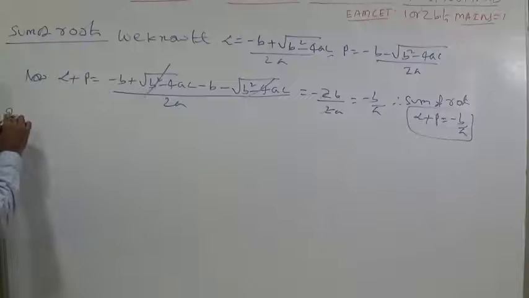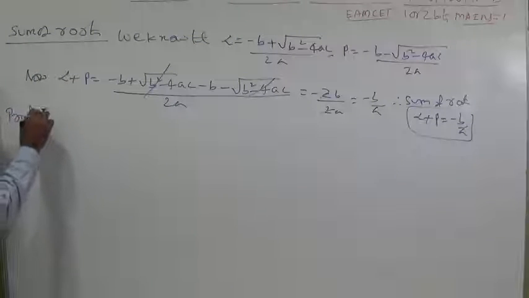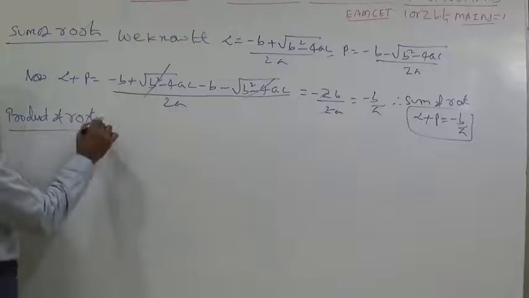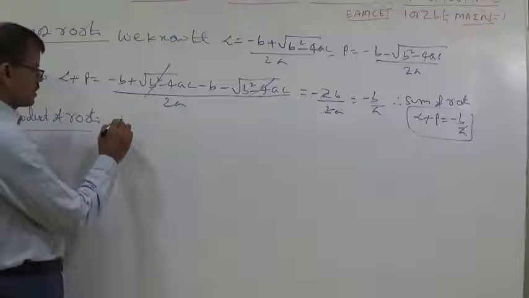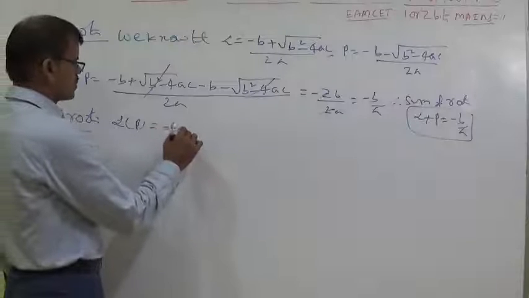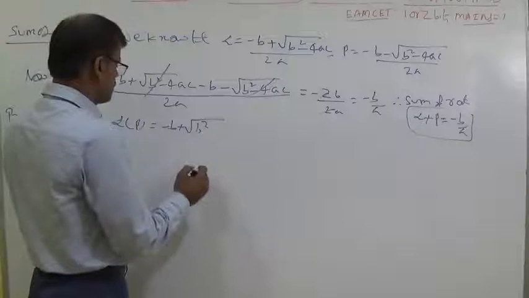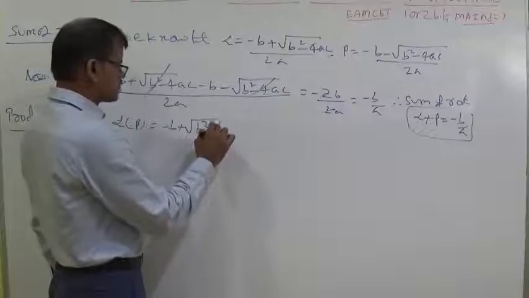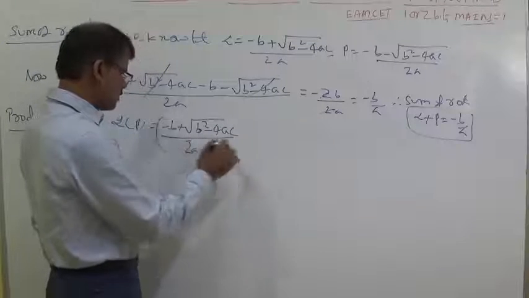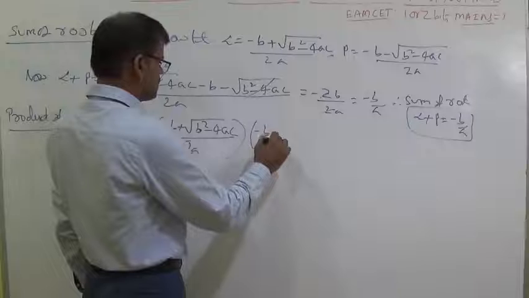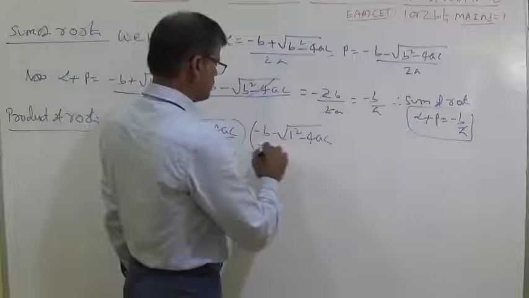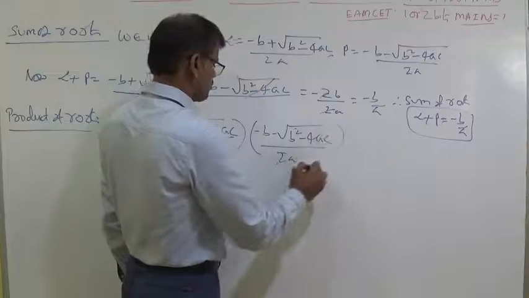Let us discuss about product of roots. You can write alpha into beta. You can write this one as minus b plus root b square minus 4ac by 2a into minus b minus root b square minus 4ac by 2a.